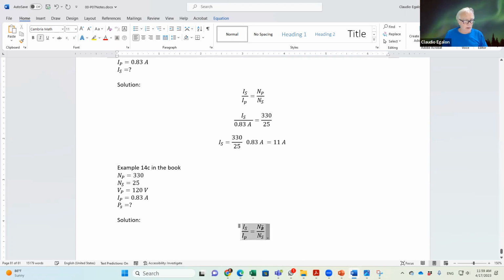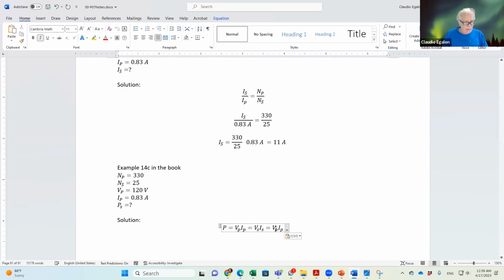So the average power is going to be P. The power is conserved. So we're going to have V in the primary times I in the primary, or V in the secondary times I in the secondary. Either way works.